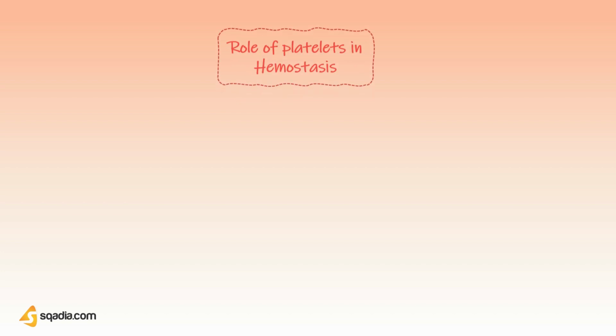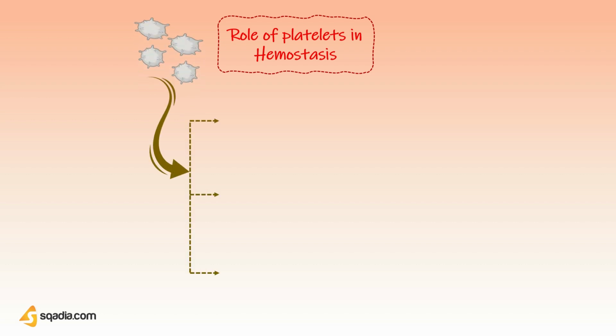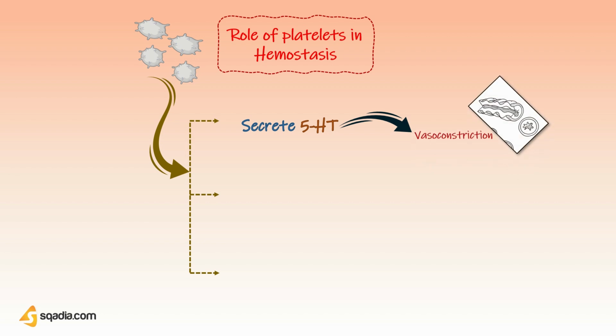Now the last and the major role of platelets is in hemostasis. That is the process of prevention of blood loss or stoppage of bleeding. Platelets accelerate hemostasis in 3 ways. First, platelets secrete 5-hydroxytryptamine, or 5-HT, which causes the constriction of blood vessels.